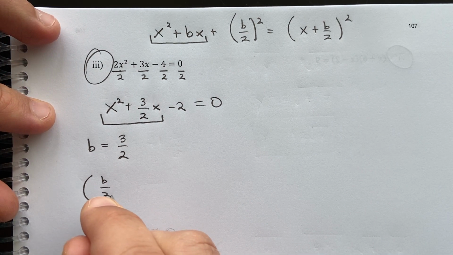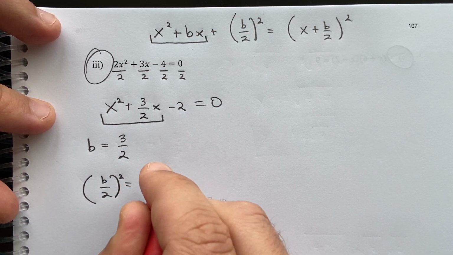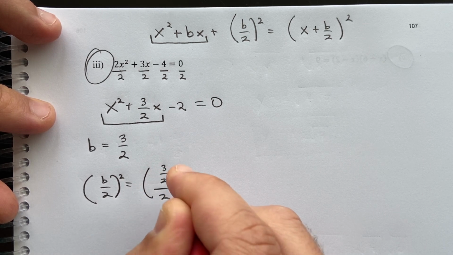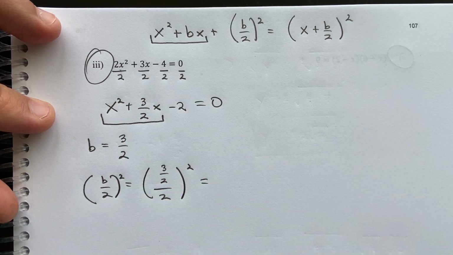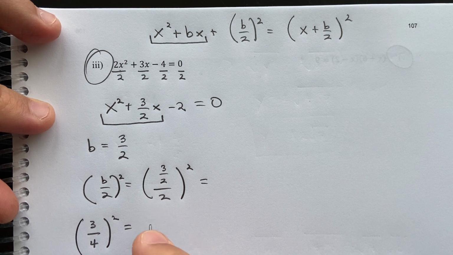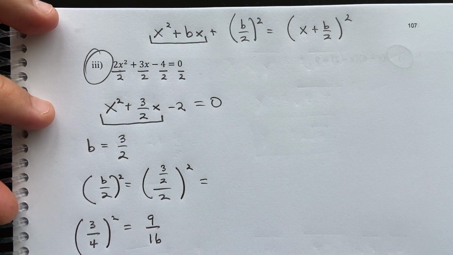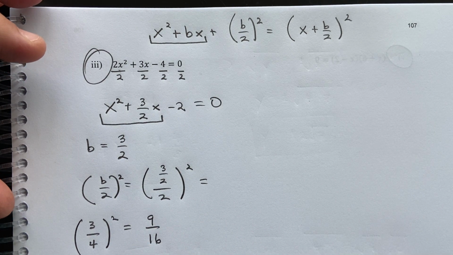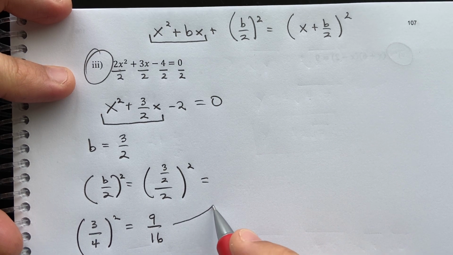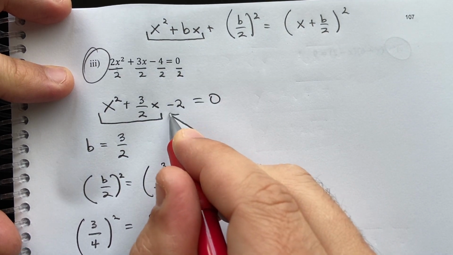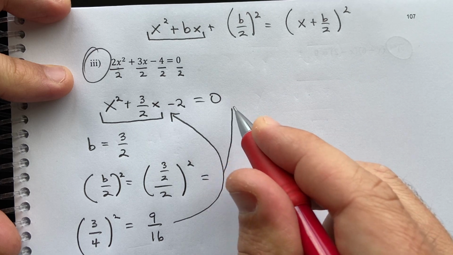Need to find half of b squared. So that's 3 halves over 2 squared. So that would be the same as 3/4 squared. In other words, 9/16 is half of b squared. So 9/16 is the number I'm going to add in right there, but also over here, right?